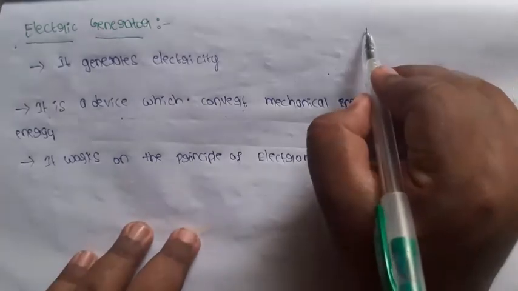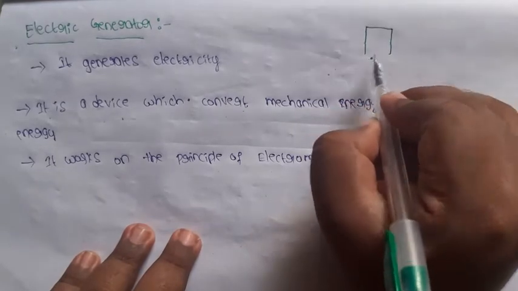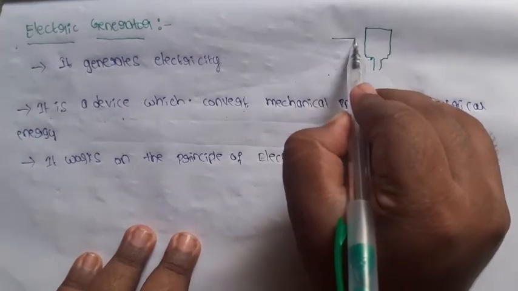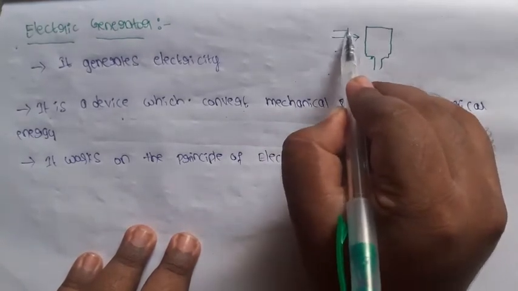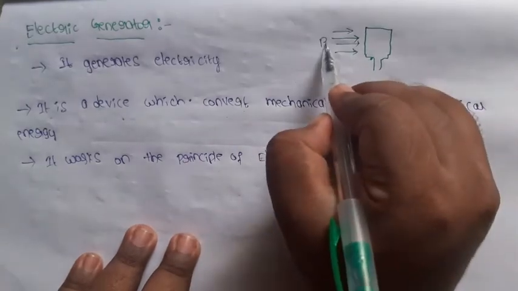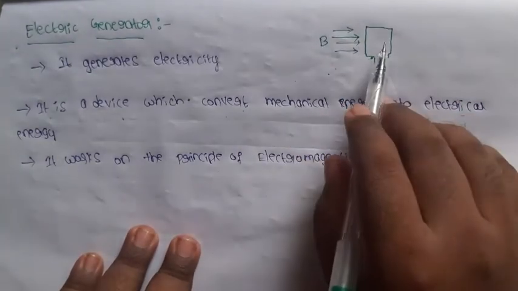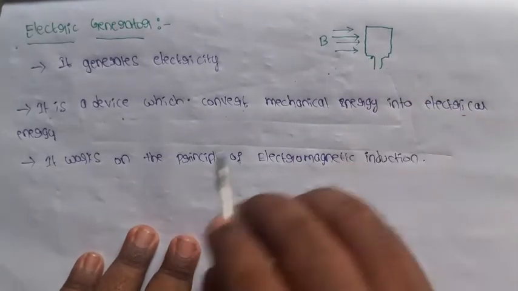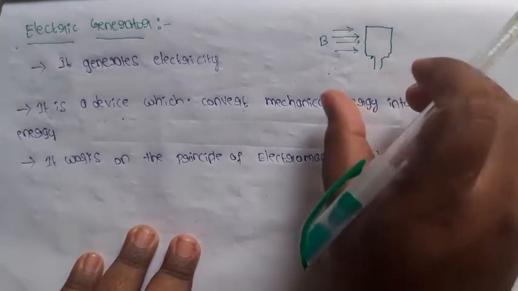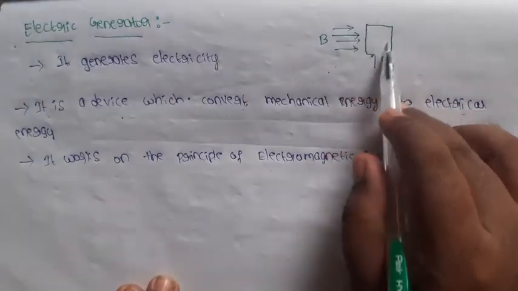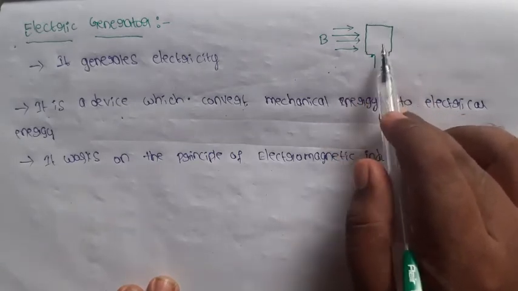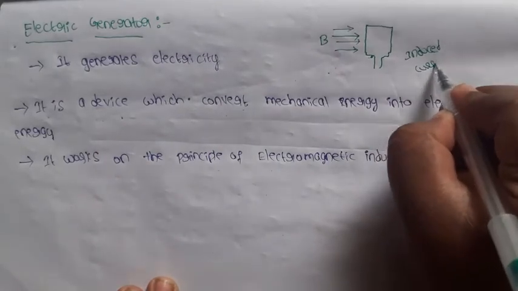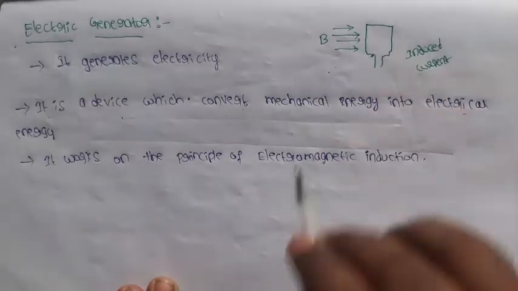Suppose I am taking a coil. If you place this coil surrounded by the external magnetic field, and the coil is in rotation, then the magnetic field around the coil changes and induced current will be developed in this coil.